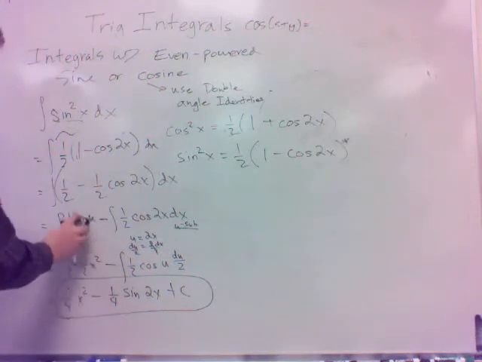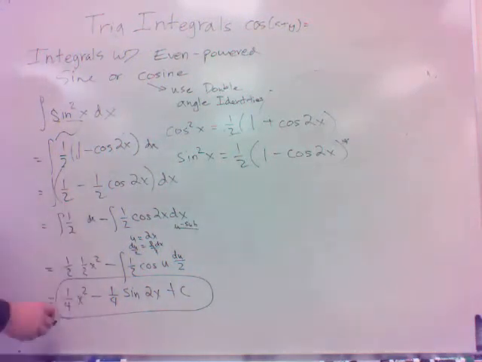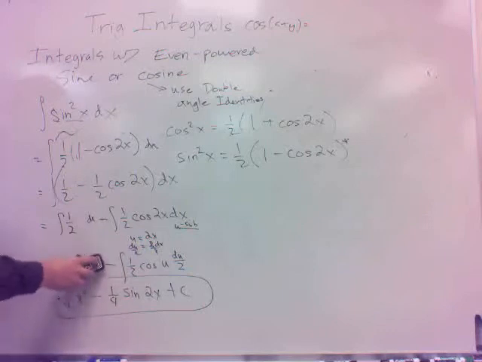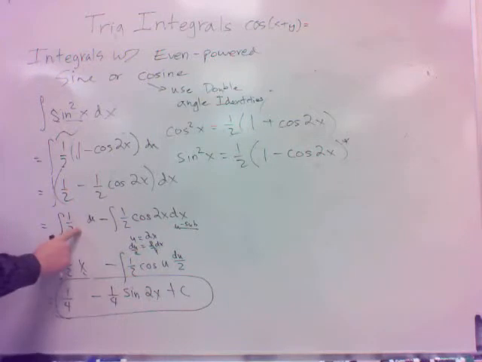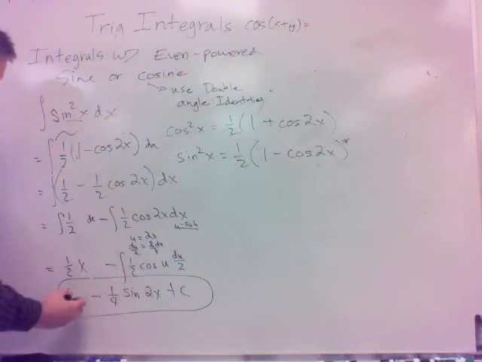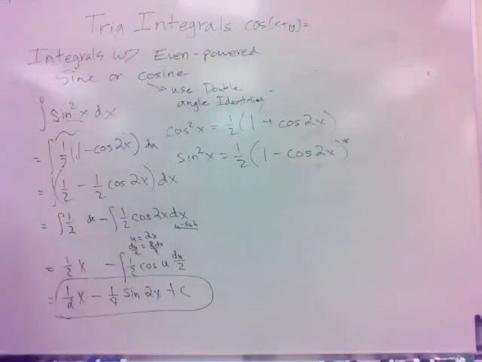Where'd that x come from? I don't know. Yes, I did that wrong. That should just be 1/2 x. This is not 1/2 x, it's just 1/2, so the antiderivative is 1/2 x. Maybe I jumped the gun there. Strike two today. So it's the integral of 1/2, which is 1/2 x. Make sure you make that change. I think everything else I got right.